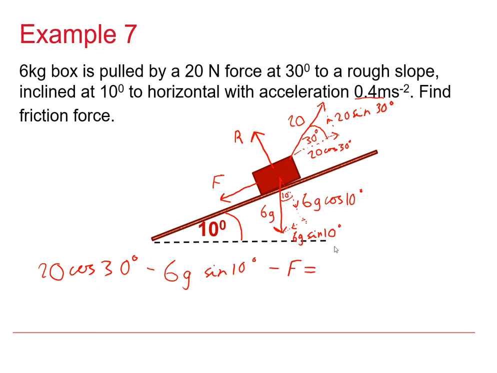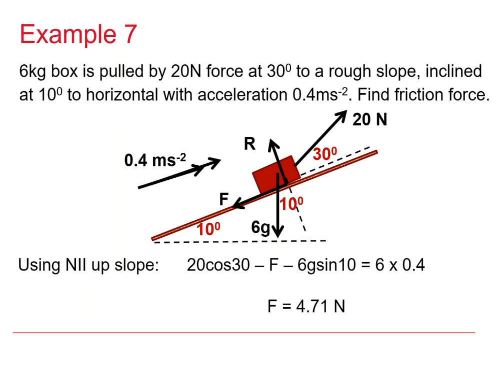We've got F on the left, on the right we have ma. So we have 6, that's the mass, times the acceleration, which we're told is 0.4. So we can rearrange that now for F. And there it is. Alright, so F is 4.71 newtons.